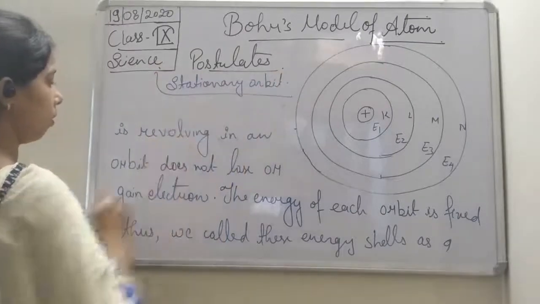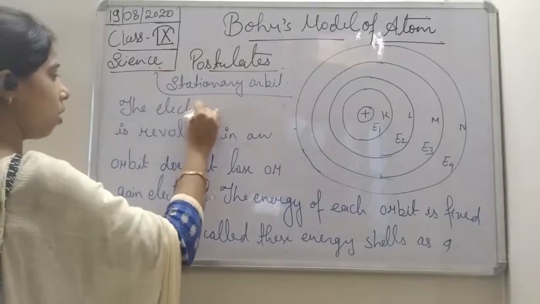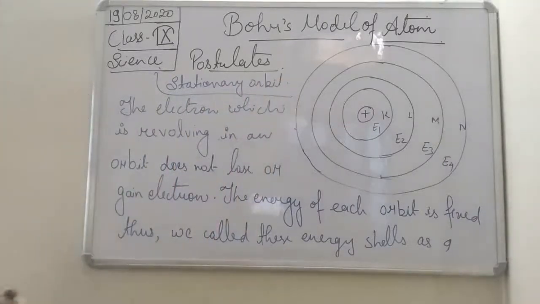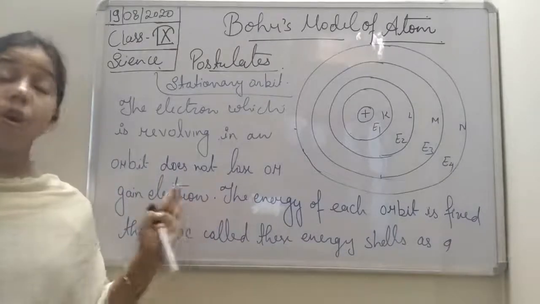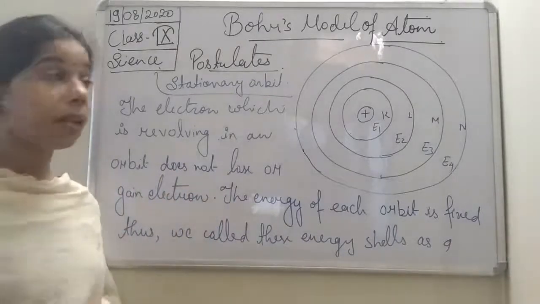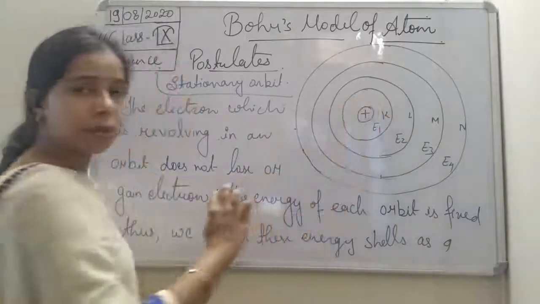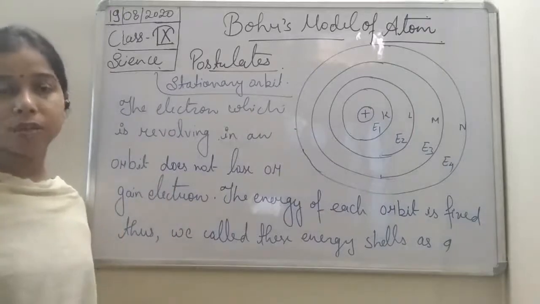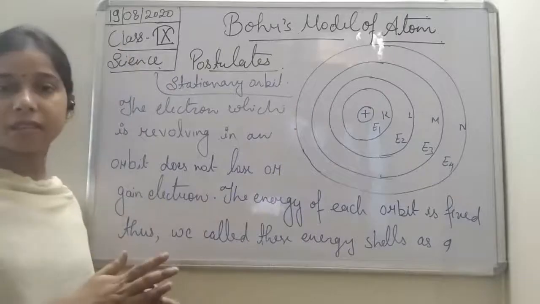Okay. So the electron revolving in an orbit does not lose or gain energy. Why is this so, students? Because if an electron is continuously revolving around this orbit without losing or gaining energy, it is because this orbit has a fixed energy.